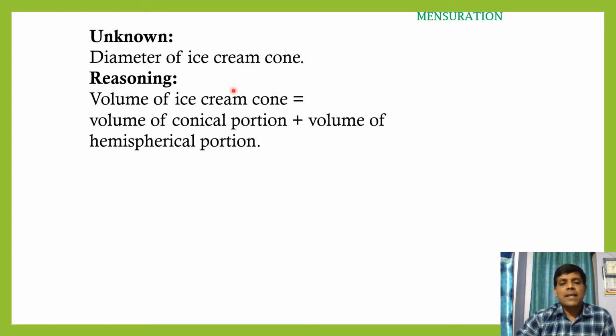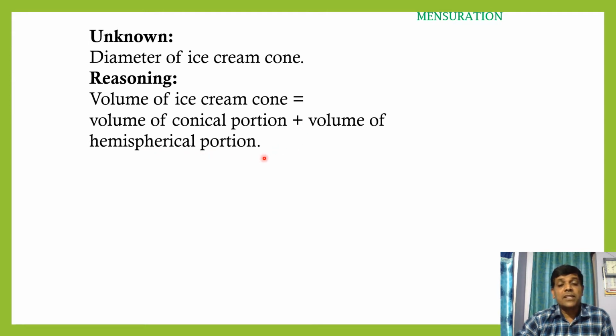Reasoning: which formula is applicable to the given question? The volume of the ice cream cone equals the volume of the conical portion plus the volume of the hemispherical portion.